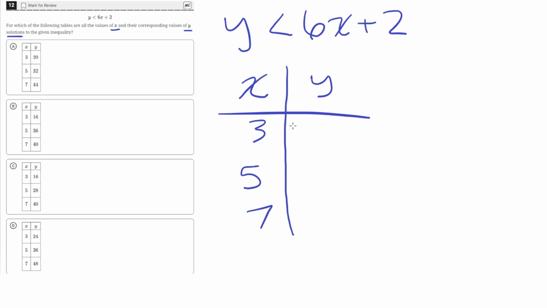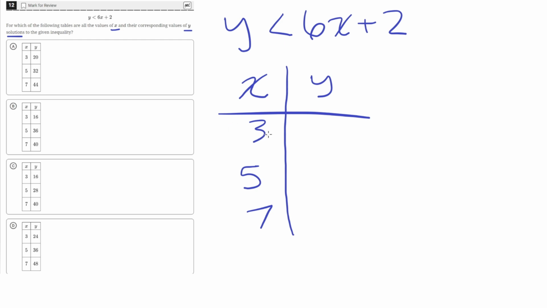And we'll find the value of y as if this were an equal sign. We'll just plug in x equals 3 to find the maximum value that y can be. Then we'll make sure that the y values for the correct answer choice are all less than the maximum values for the corresponding x.